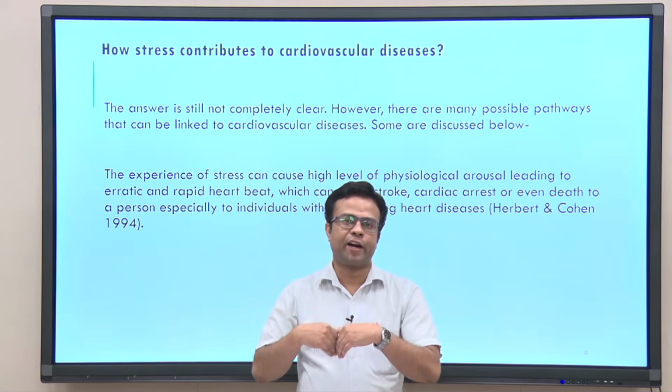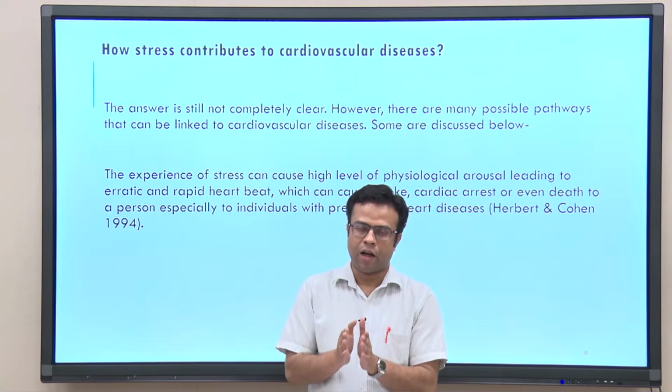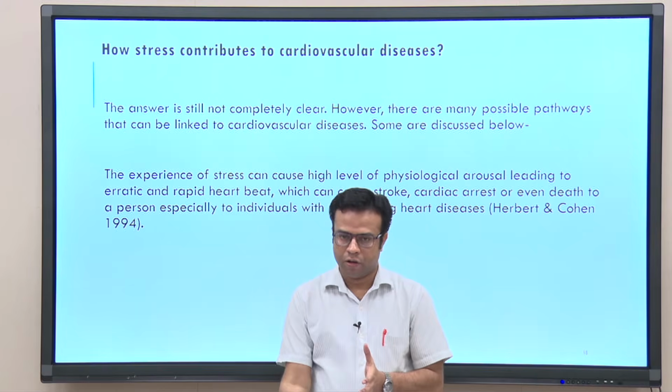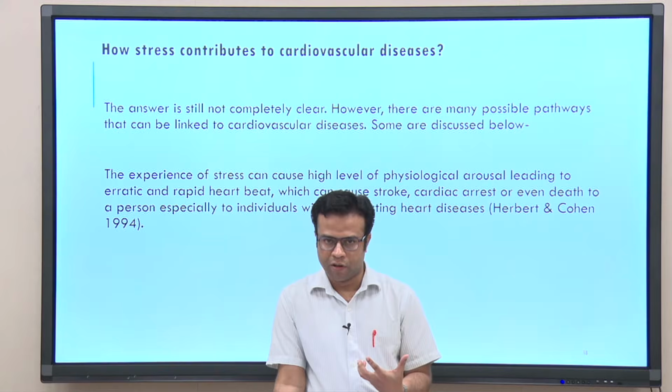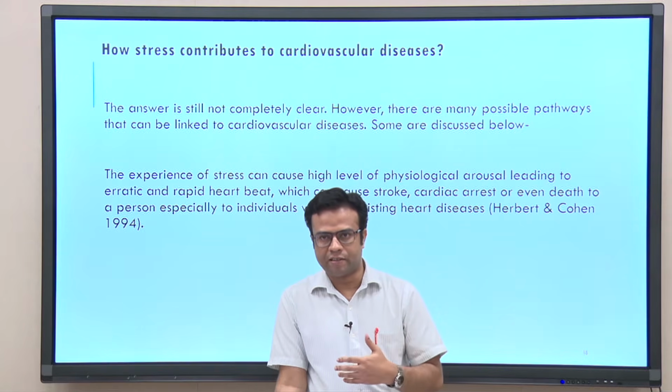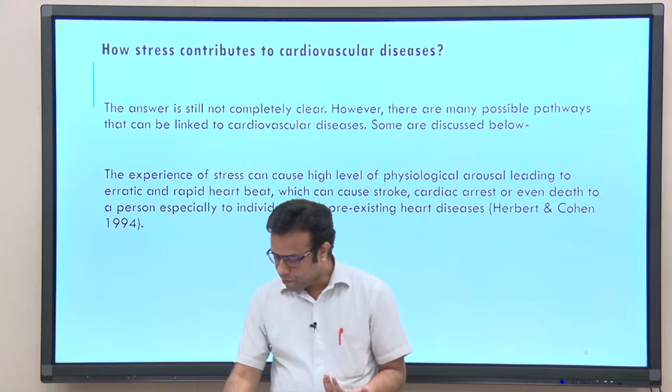So, this could be one direct mechanism where stress can directly cause heart related issues by causing wear and tear in the system due to repeated fight and flight responses.